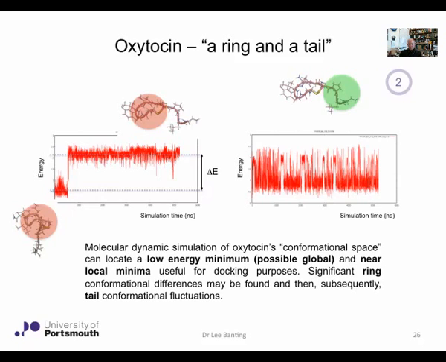It's worth bearing in mind that for some of the non-peptide compounds you would have to perform a similar approach, because they will have a considerable number of rotatable bonds in them, and may well have complex conformational properties as well. So molecular dynamics would lend themselves nicely to looking at those compounds as well.